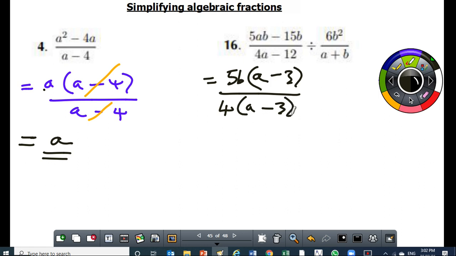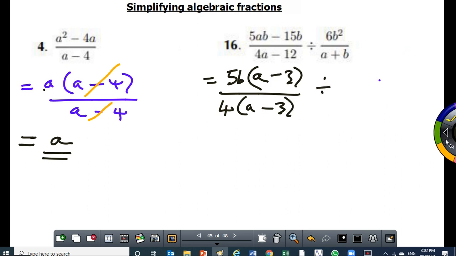Okay? Then I've got division there. The numerator of the second fraction is simplified. I can't factorize it. So it will be 6b squared all over a plus b, because that denominator is simplified. Then always try to see if the divisional fraction can have a factor in the numerator and in the denominator cancel out.